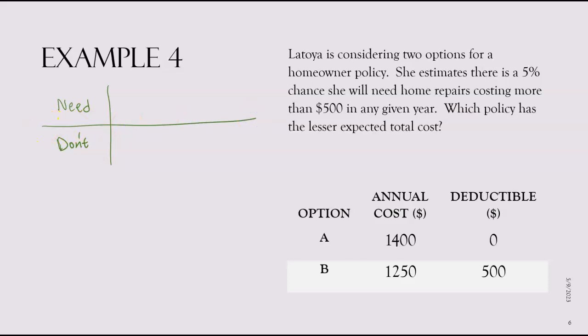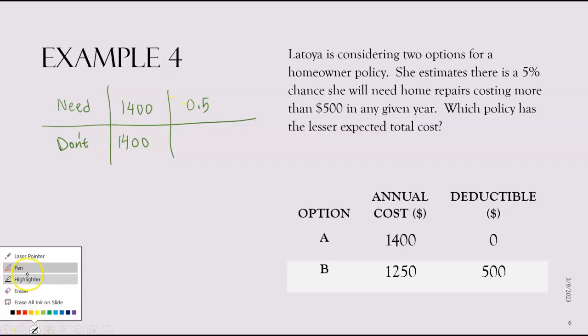Okay, so with the plan that has no deductible, the cost for both needing a repair and not needing a repair is going to be $1,400. There's going to be a 0.05 chance, because it's 5%, that I need a repair.